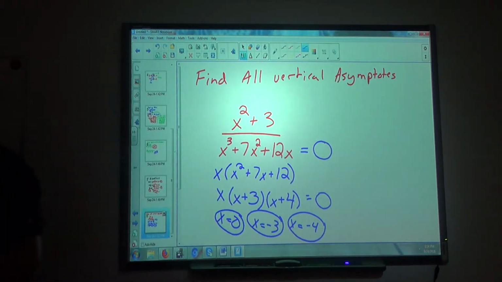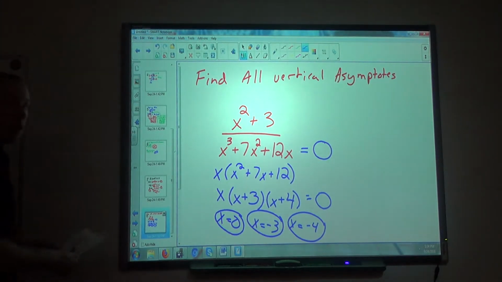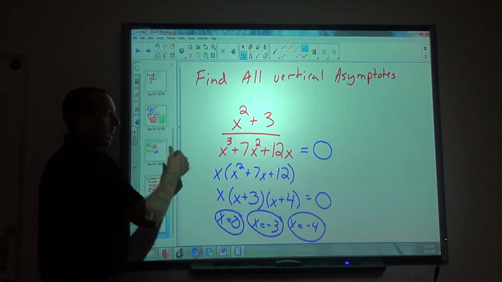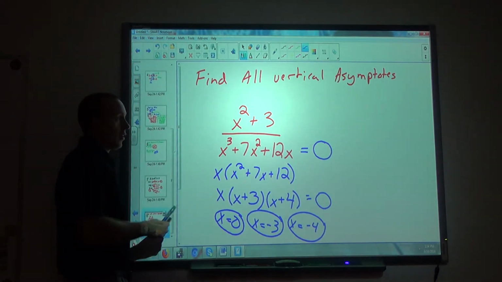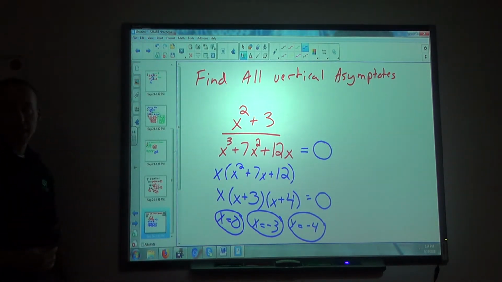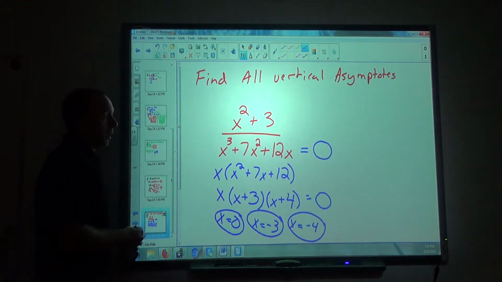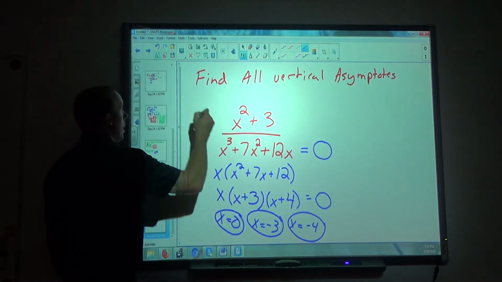Questions on that one? Alright, would there be anything at the top? No, the asymptotes only happen when you divide by 0. The top could be maybe where it crosses the x-axis, there's a potential chance of it crossing. It doesn't have to, but the vertical asymptotes are only when you set the bottom equal to 0.